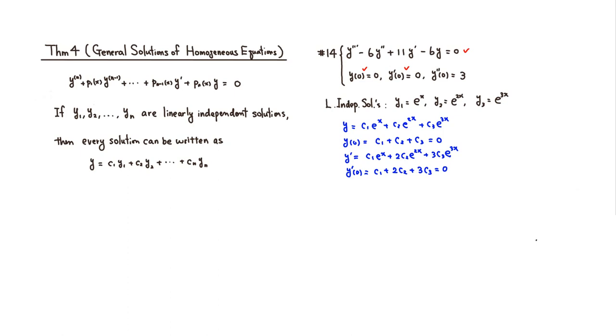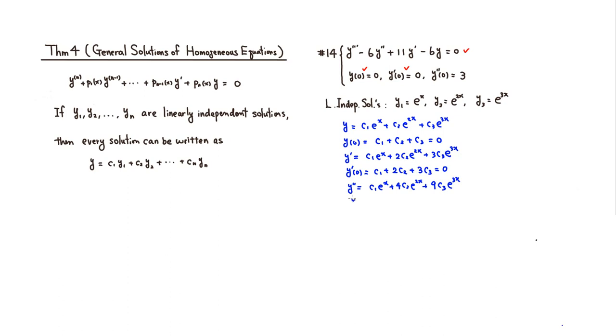Then we take another derivative, y double prime. The derivative of c1 e^x is again c1 e^x, the derivative of that term would be 2 times 2, 4c2 e^(2x), and plus 3 times 3, 9c3 e^(3x).